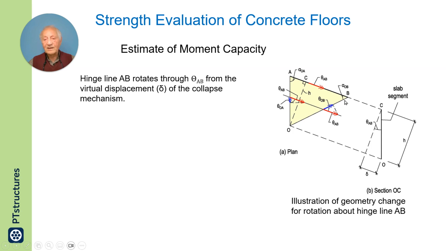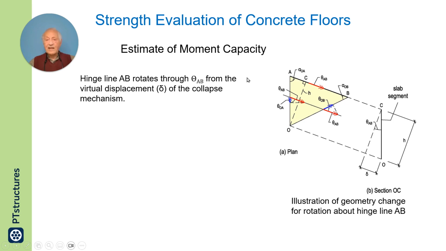Here also there will be a moment about the hinge line, which will also have a component parallel to this. And likewise here, there will be a moment along the hinge line and it will have a component. So hinge line AB, this is the hinge line, and this is the segment that is deforming.